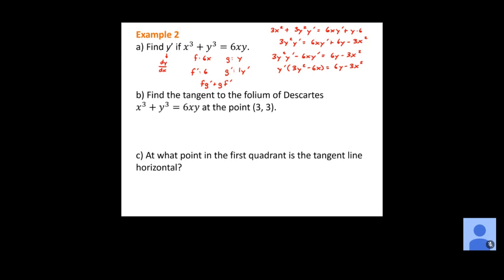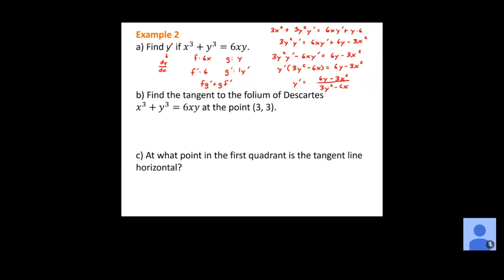And so now we can do what? Good. Divide by everything in the parentheses. So y prime is going to be 6y minus 3x squared all over 3y squared minus 6x. So that is y prime now.